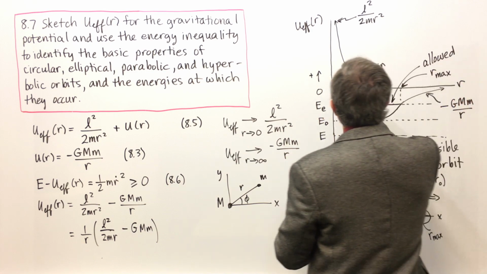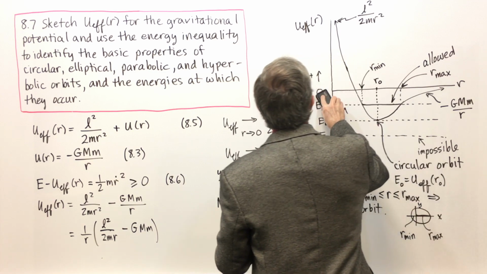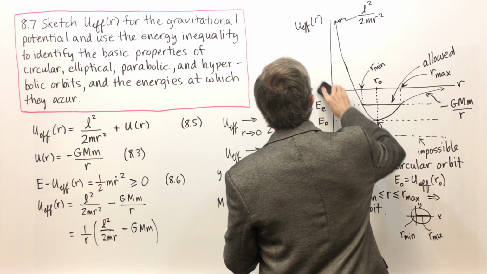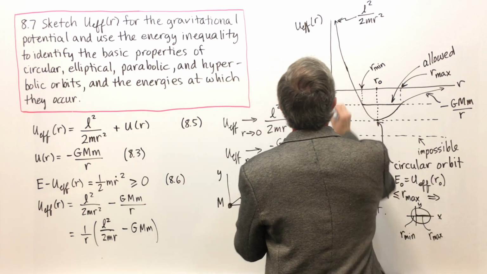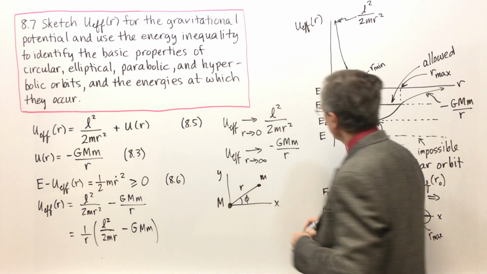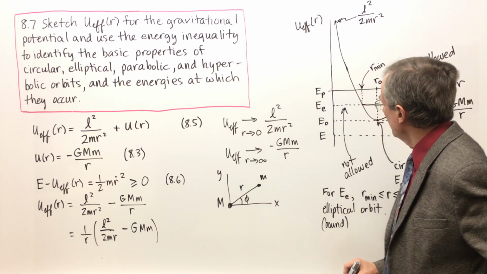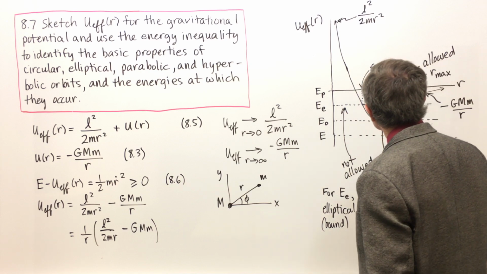All right, so what about this one? I'm going to call that EP because it's going to coincide with a parabolic orbit. How do you know that?